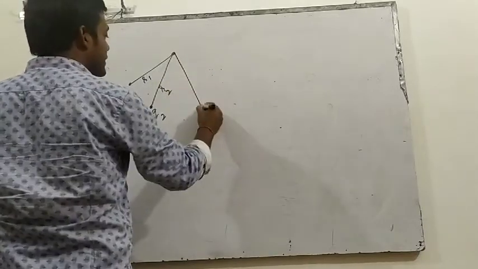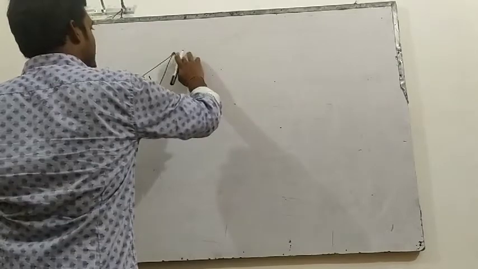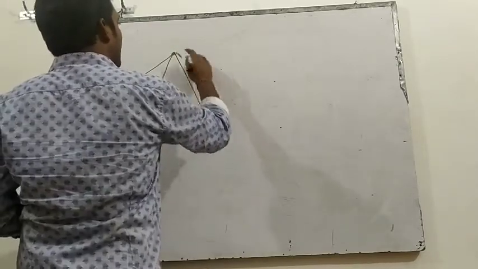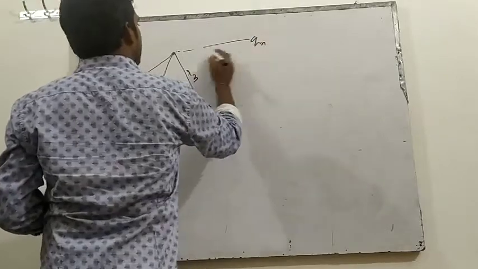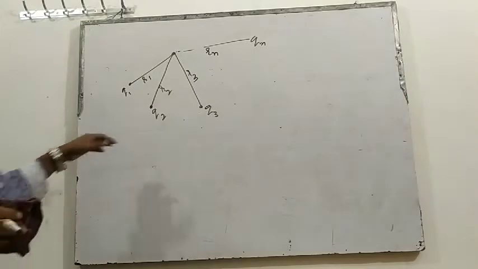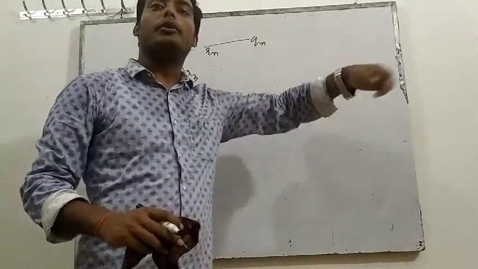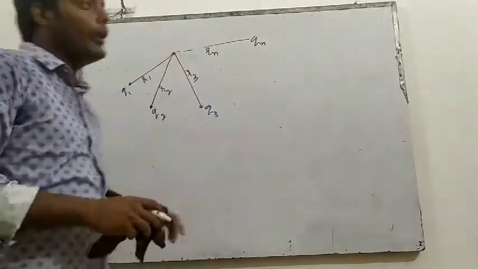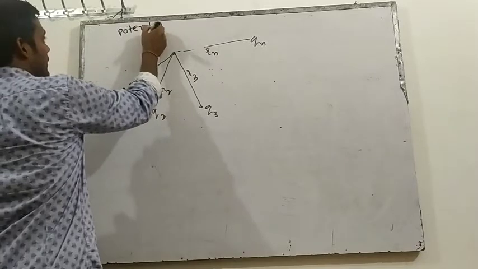Here is Q3 charge, and its distance from this point is R3. Here is Qn charge, and its distance is Rn. That means any number of charges is possible: Q1, Q2, Q3, Q4, Q5, Q6 up to Qn. We want to find potential due to multiple charges.